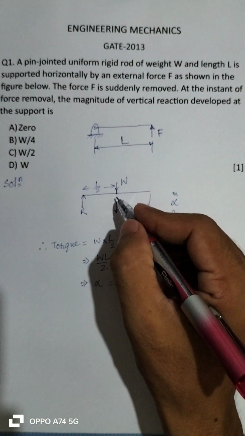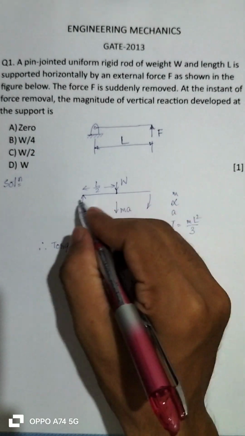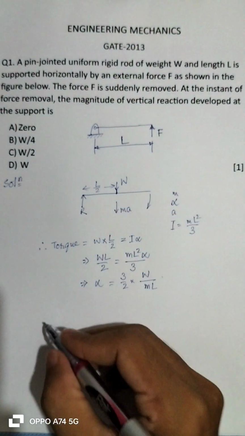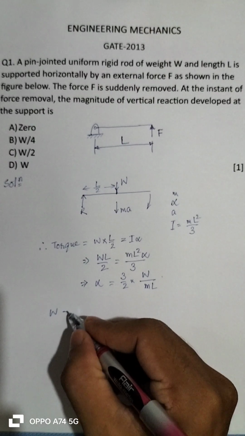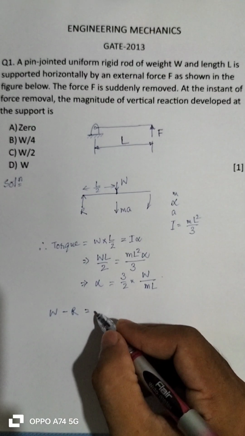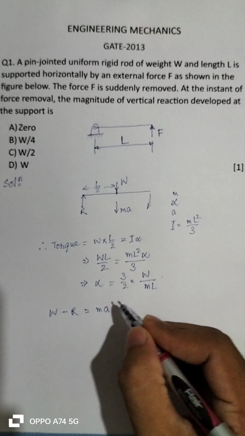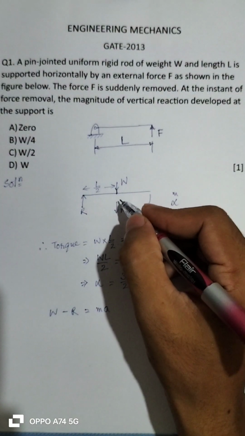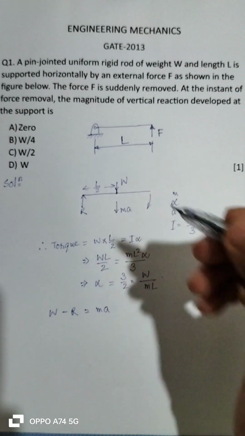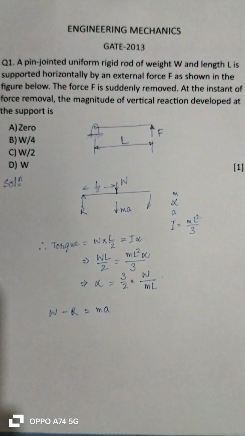Now considering the linear motion of the rod, W minus R will be equal to M into A, if A be the linear acceleration of the CG of the rod.